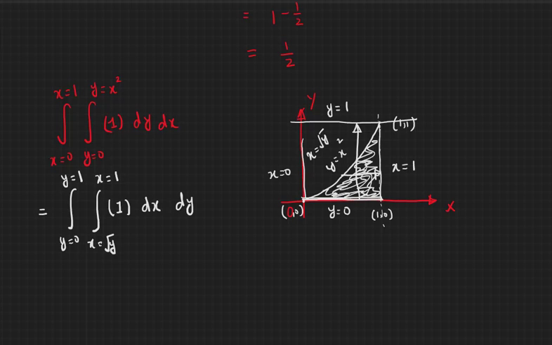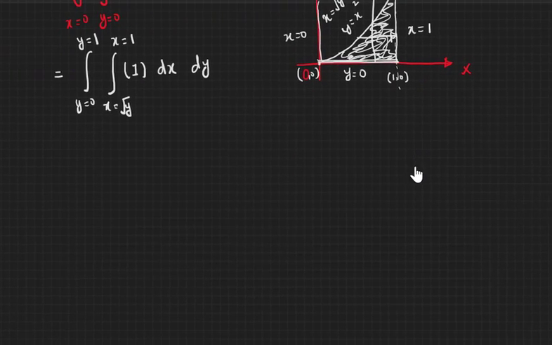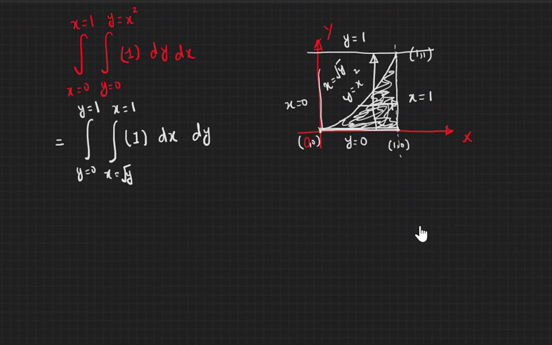We can prove this very easily. Let's solve this integral first. Okay, so the integration of 1 with respect to x would be x. Applying the limits of integration, we will get 1 minus square root of y.